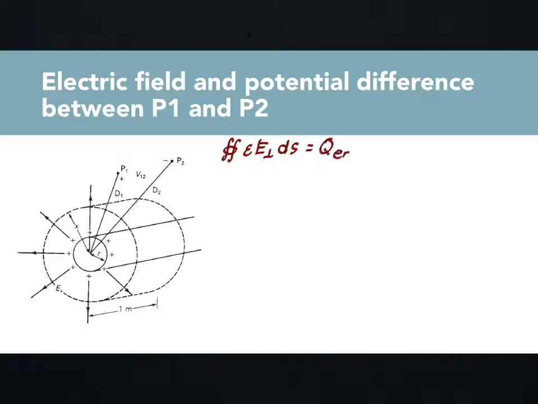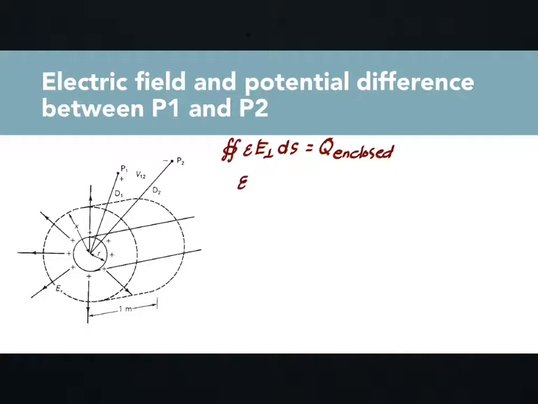we will now have to integrate this. It will simply be, of course, the permittivity, which in this case is the permittivity of free space, 8.854 times 10 to the negative 12 farad per meter. Since that is constant, it comes out of the integral.